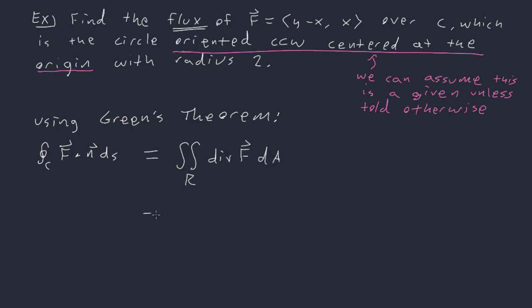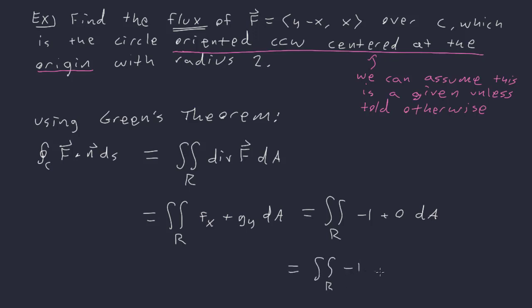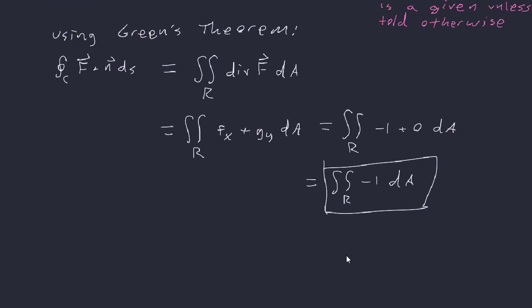Well, the divergence of F in this case is going to be quite simple because, remember, it's f_x + g_y. Well, f_x will be −1, and then g_y will be 0. So we're just taking the double integral over R of −1 dA. Not a very complicated integral.